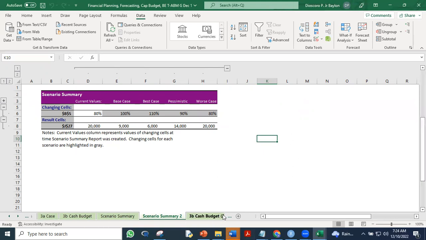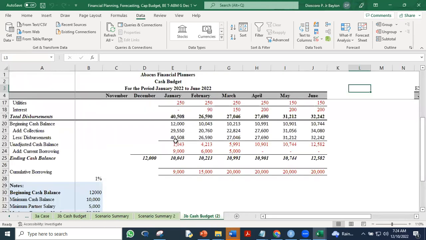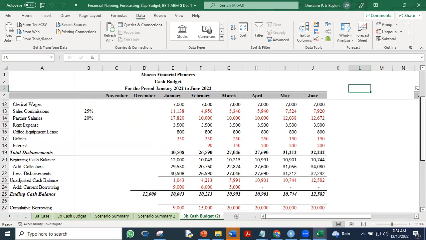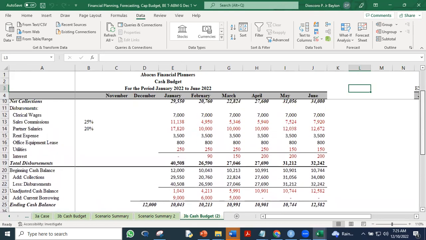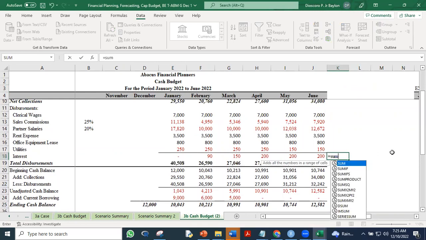Okay? So you can click here, for example, if you want the adjusted cash balance, then you click this. If you want the interest expense, interest. Okay, suppose let's add another one here. Let's get the sum.